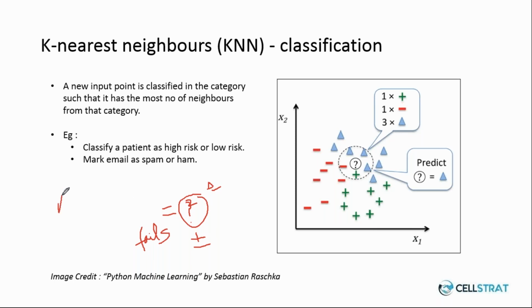When k is equal to 5, inevitably one of them will dominate. Well, not really. What if this was a minus sign? So there are two minus signs, one plus sign, and two triangles. What do I do? The one plus sign is clearly eliminated, but there are two minus signs and two triangles. So the model fails here because it is confused whether it belongs to the minus sign class or the triangle class.